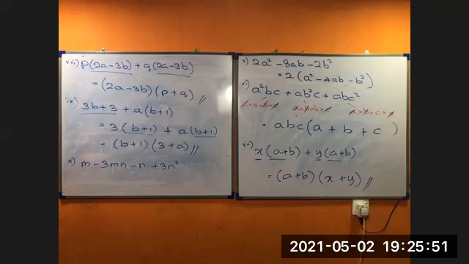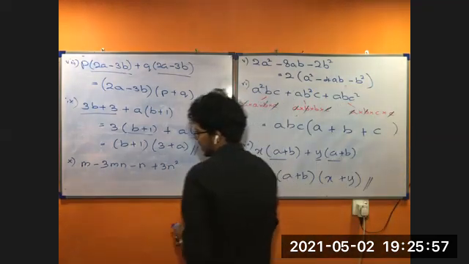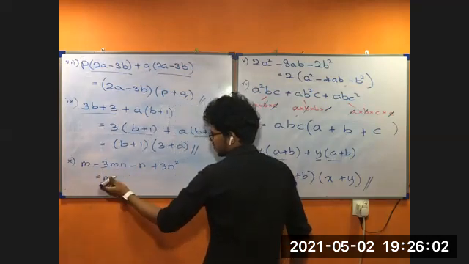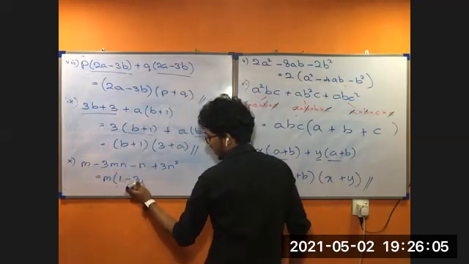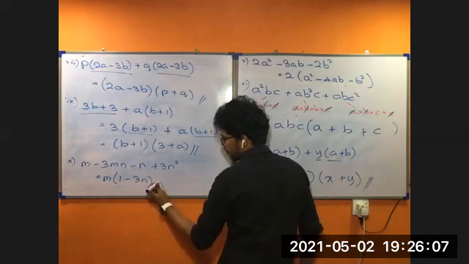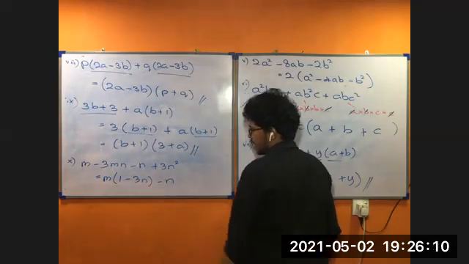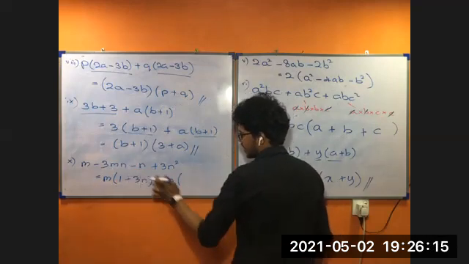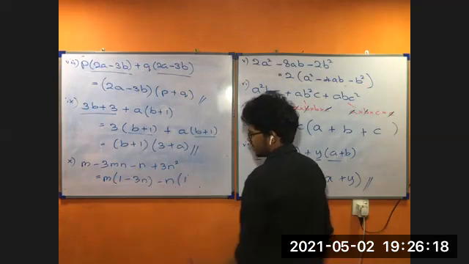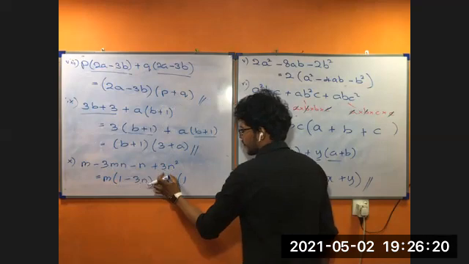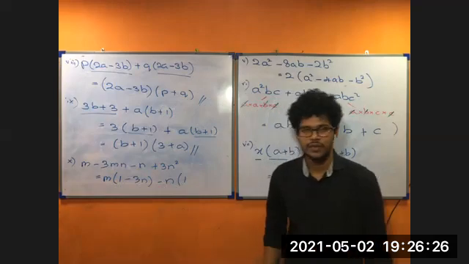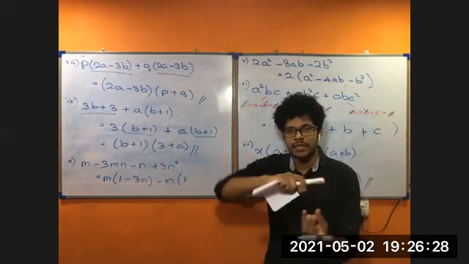Okay, we have several answers, 1 minus 3n and m minus n. Okay, so let's do it like this. So let me take m outside, because m is common, right? So it is going to be 1 minus 3n. And here also I'm going to take minus n outside, right? When I take minus n outside, plus 1 is remaining, right? And from this plus 3n squared, I'm going to take minus outside, right? So from a plus guy, I'm taking a minus out.